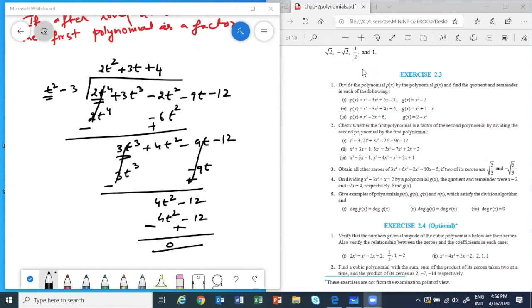Yes, second one. Do third one. Those who have finished, do third one. Correct. Second part also, remainder is 0. Third part you do.